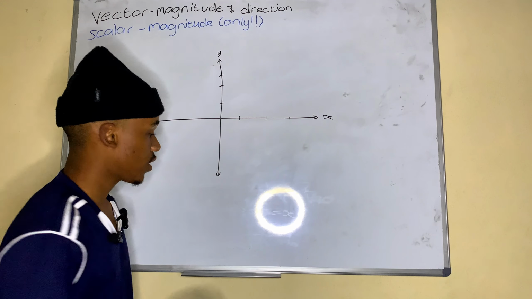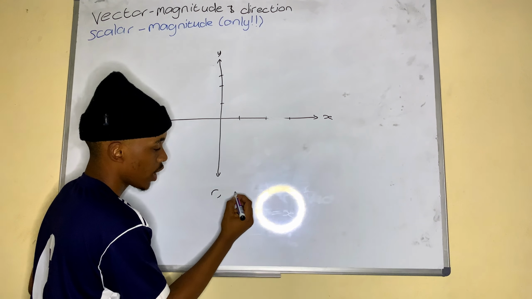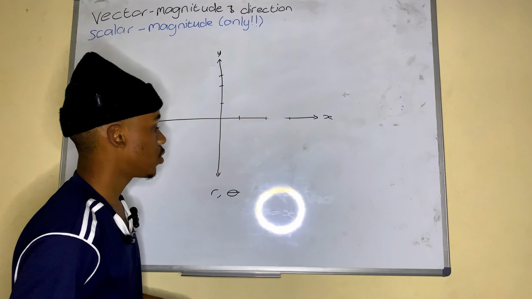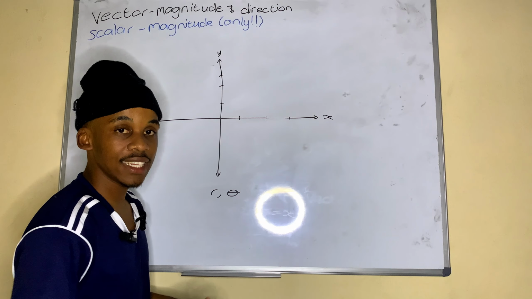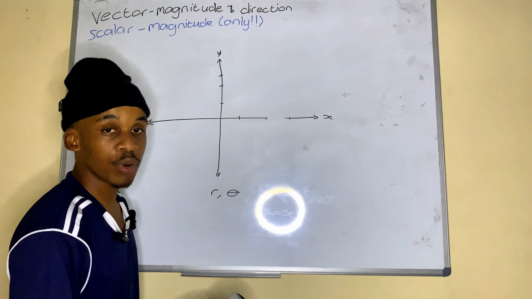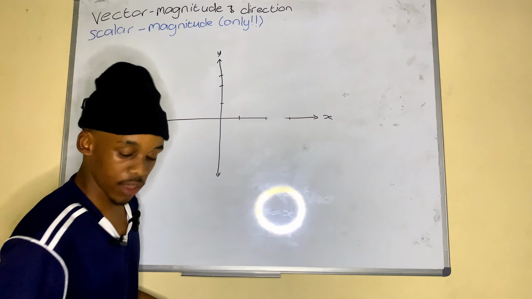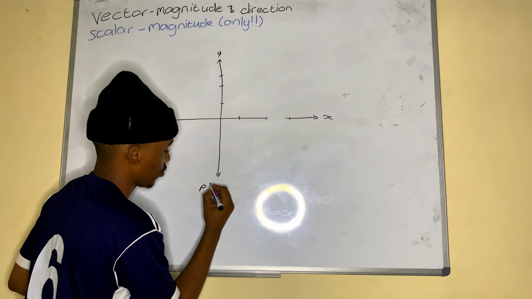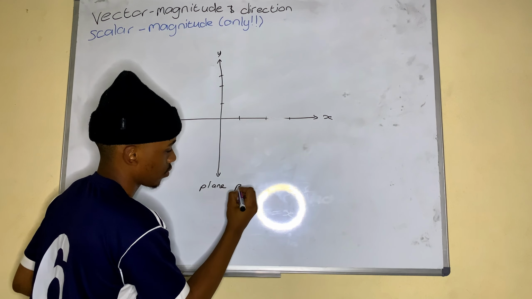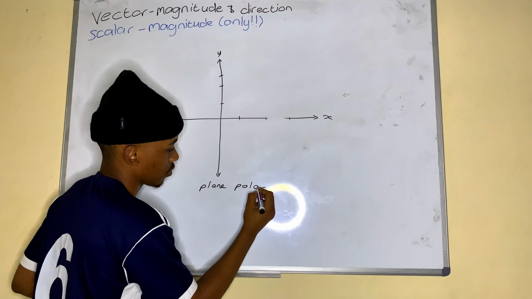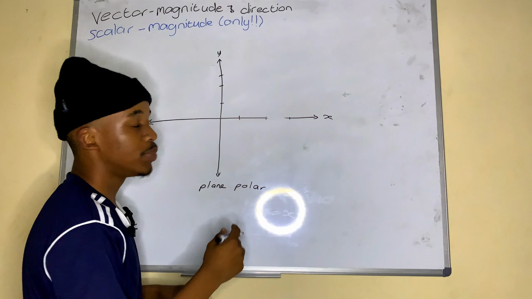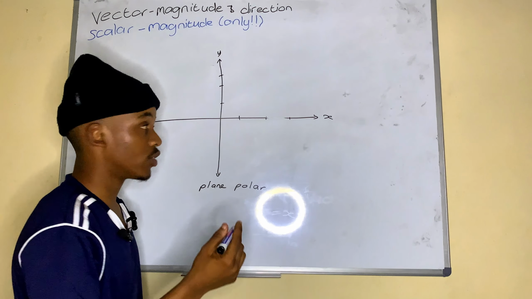When we introduce an r value and a theta value, then it becomes plane polar coordinates, where r would be the hypotenuse of our triangle.